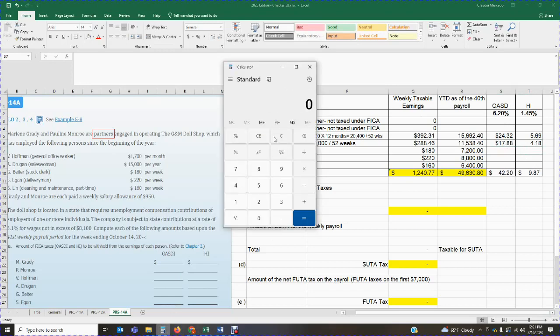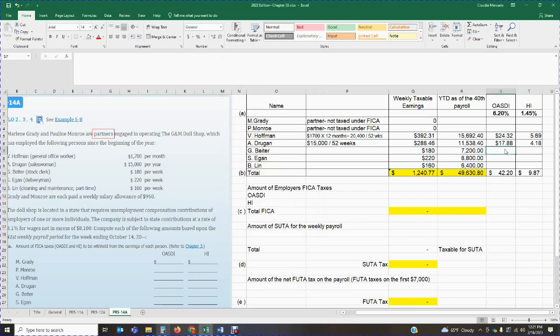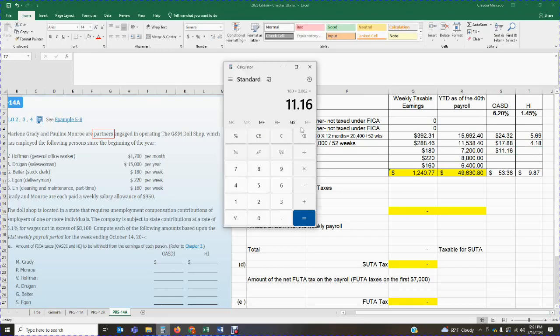So we're going to do this for all of our employees. 180 times 6.2% gives me 11.16. Then 180 times 1.45% gives me 2.61.